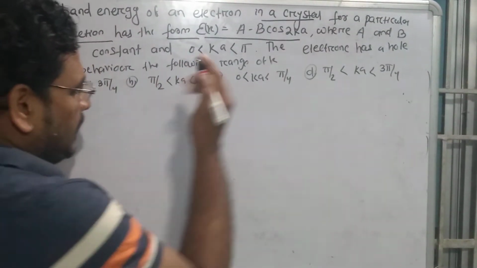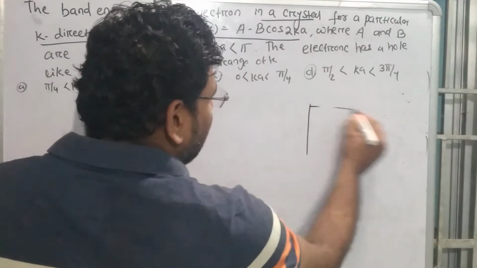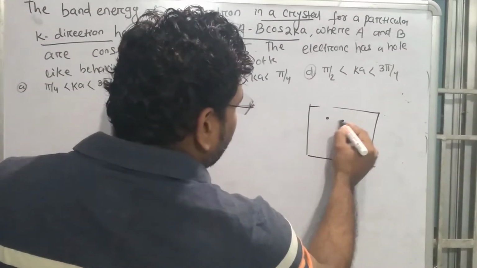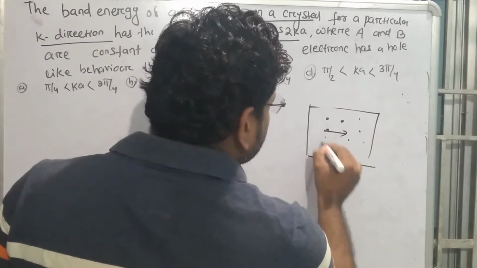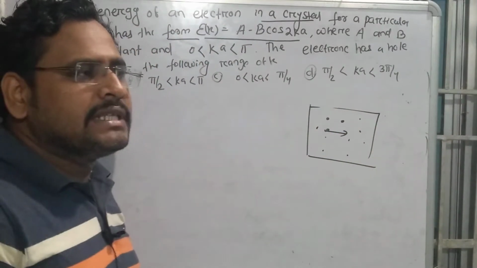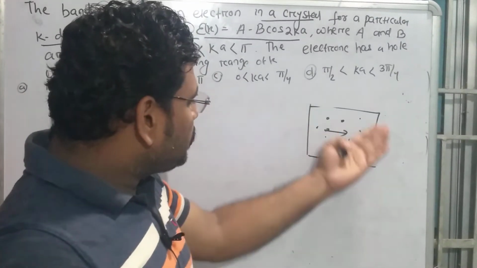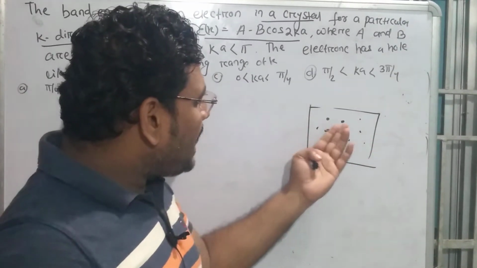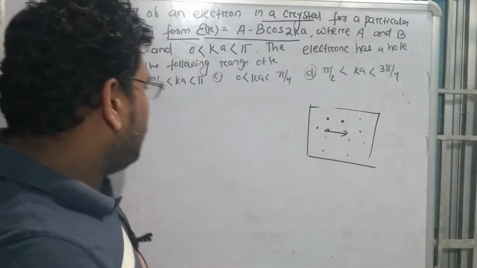Suppose there is a crystal and an electron is moving inside this crystal. The electron will feel a resistive force due to the crystal, and the mass of the electron will be modified to the effective mass of the electron.